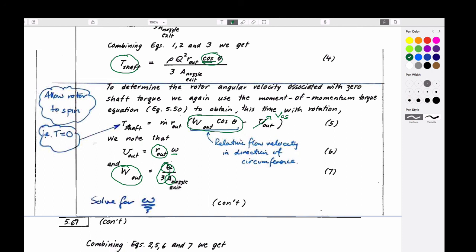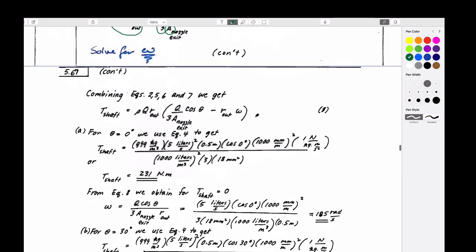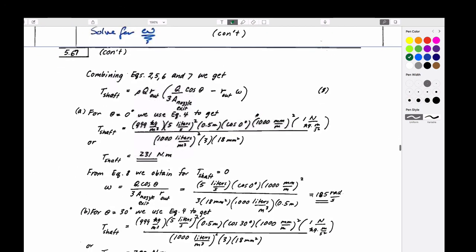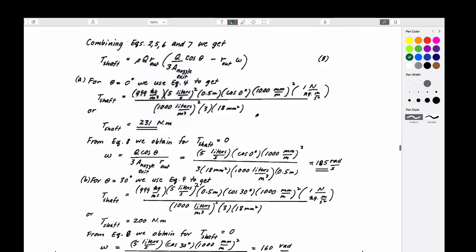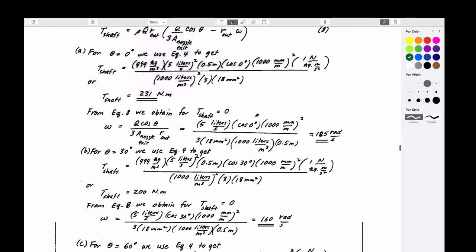If you make this 0, this will be a maximum. If you allow this to move, then these two will cancel out relative to each other, and you can calculate what this rotational speed is. And if you go through the example, you'll see it's done for a variety of different angles.